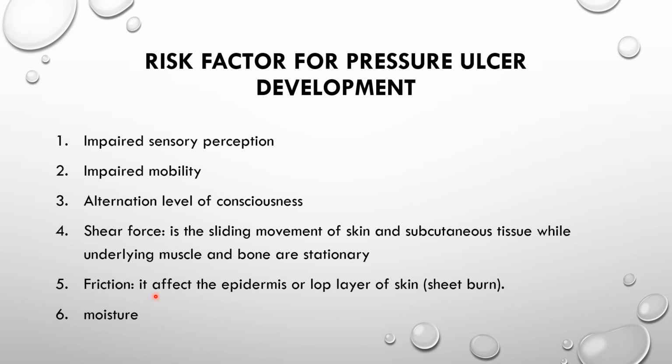Fifth is friction. Friction can affect the epidermis, the topmost layer of the skin, and it is also known as sheet burn. Sixth is moisture. If a patient is exposed to continuous moisture, that leads to softening of the tissue.